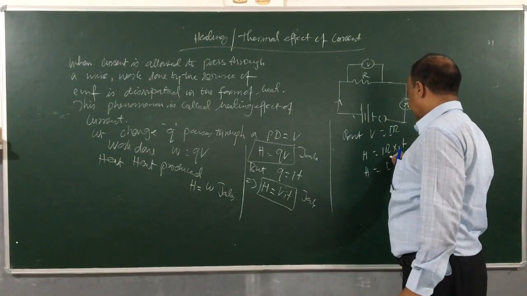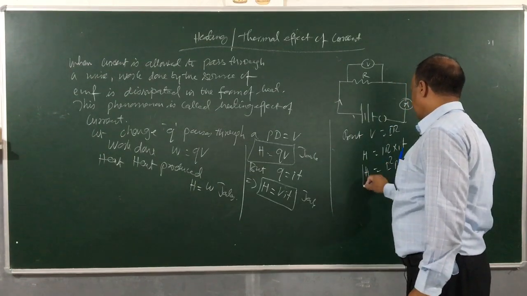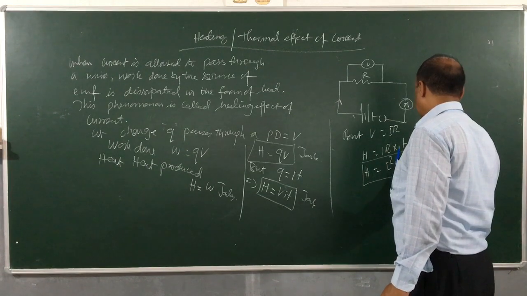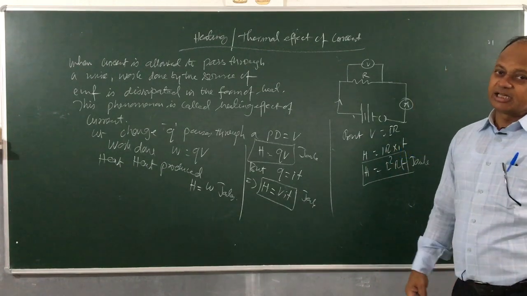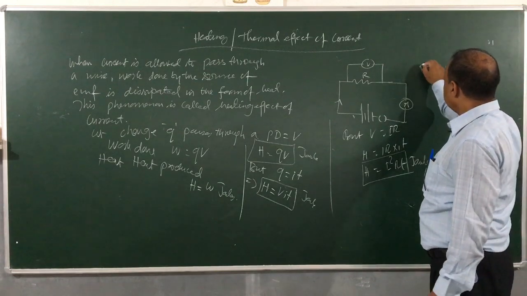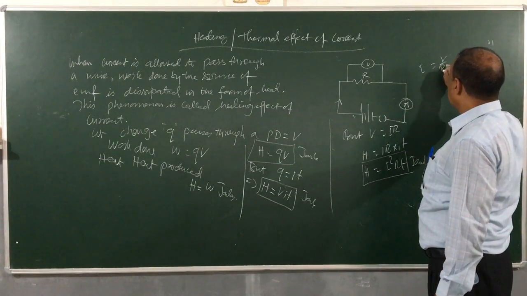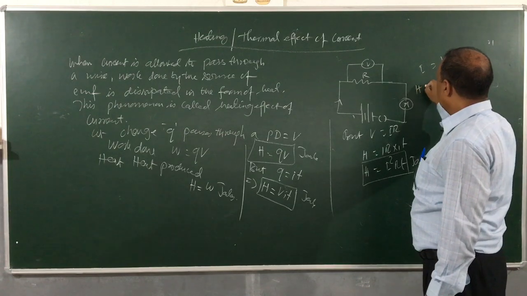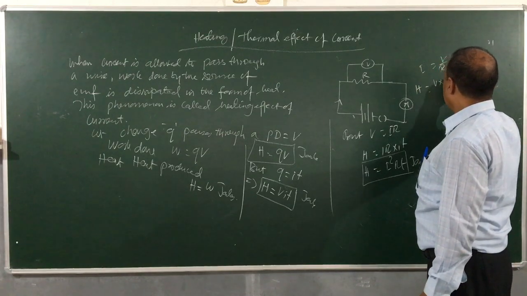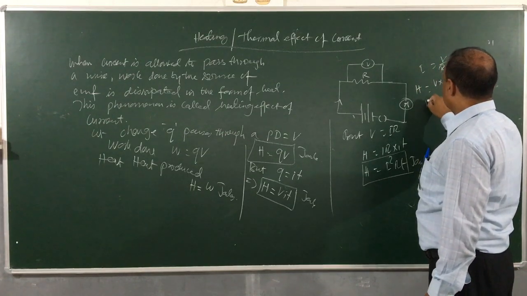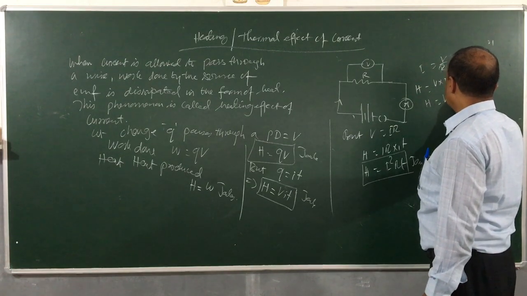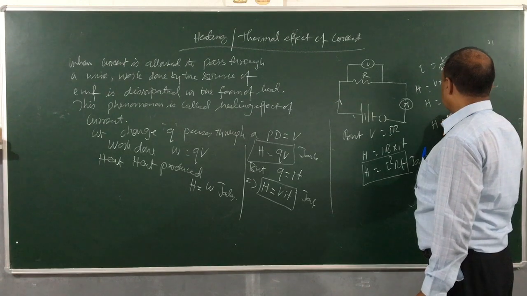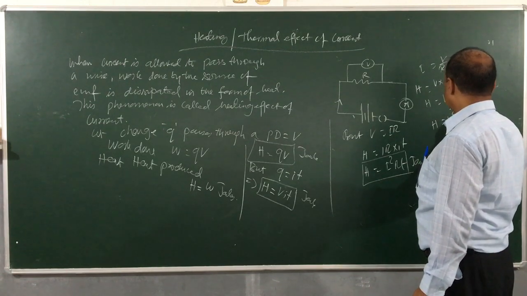I square RT, and this will also be measured in joules. We can get another equation, I is equal to V by R, then it will be VIT, putting the value of I, H is equal to V into V by R into T. So, H will be V square by R into T.